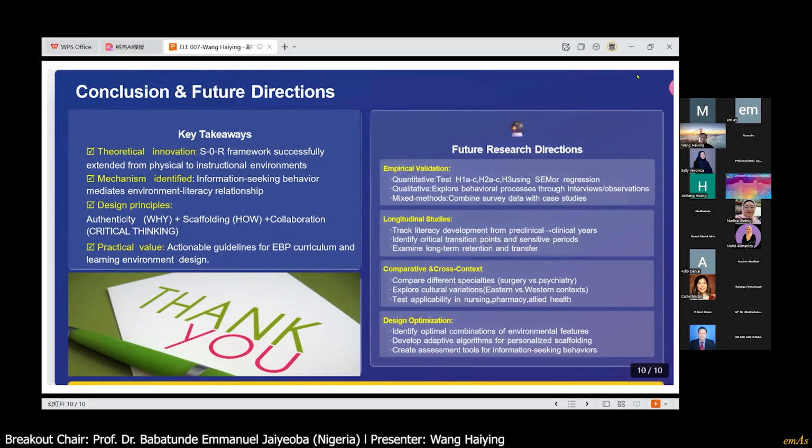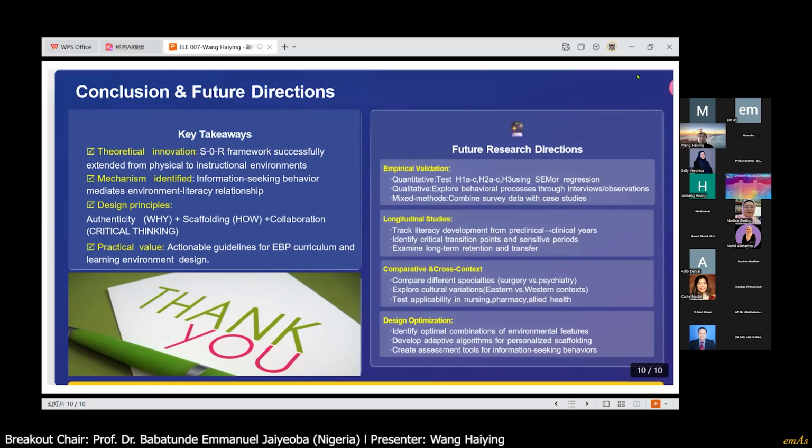Are there any contributions? Okay, let me ask one question. Explain in one or two sentences what is the problem statement of this research that you're on.